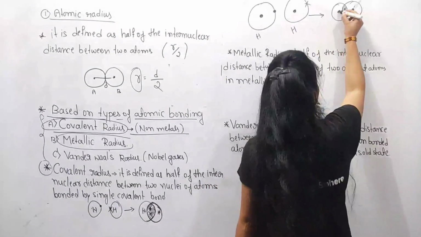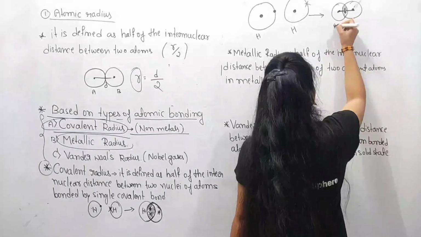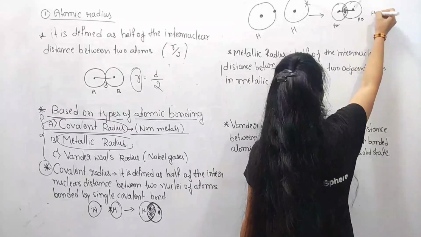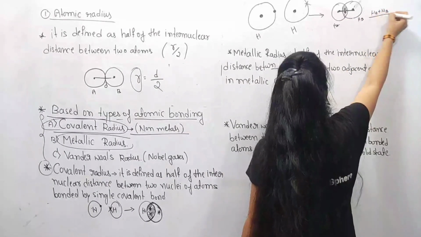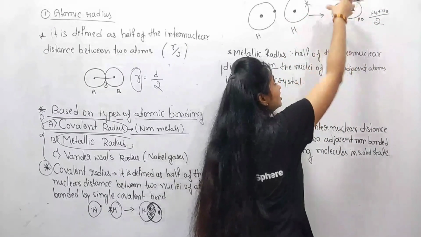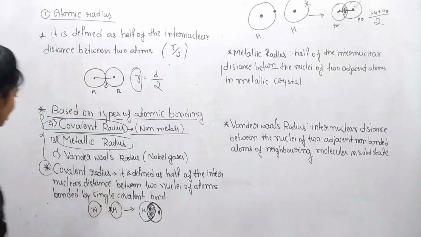Then we consider this internuclear distance, meaning HA plus HB divided by 2, half of this internuclear distance is called the covalent radius. Just come to this definition.